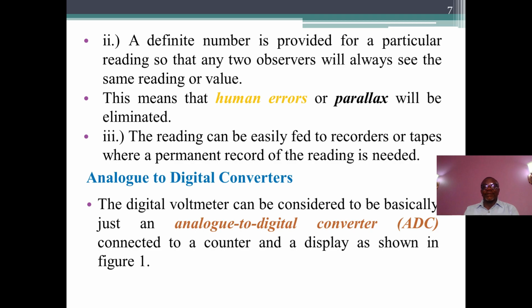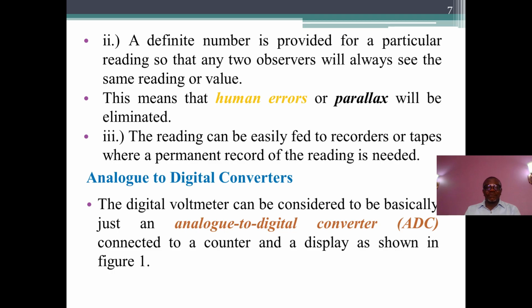The reading can also be fed to recorders or tapes where a permanent record of the reading is needed. In other words, it's possible for you to record or store your readings for future use.